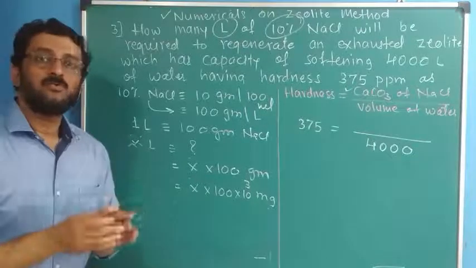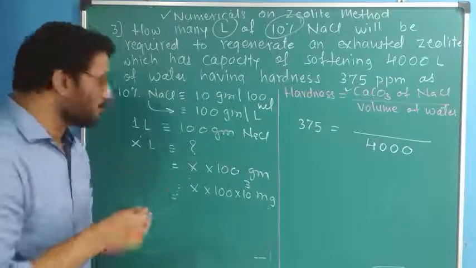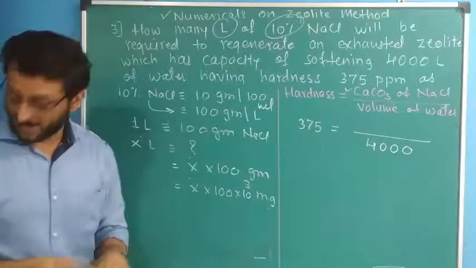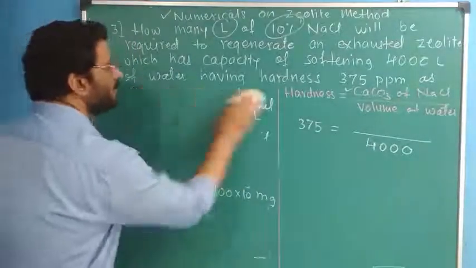Now whenever we take NaCl, we have to take it in the form of CaCO3 equivalent. So take that in the form of CaCO3 equivalent.